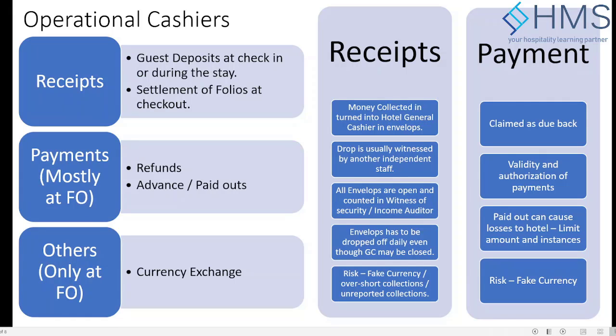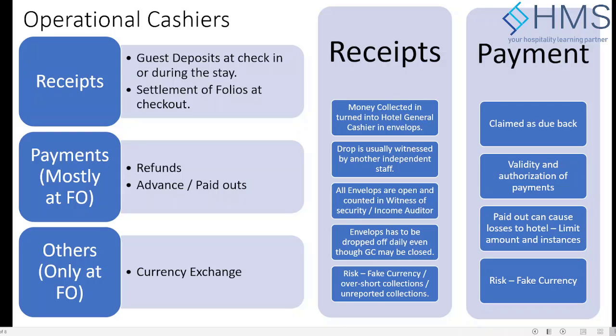Because the hotel rates are higher than the market rates, there are limits on how much money you can exchange. There is a possibility that someone gets the dollars at the higher value, goes into the market, sells them and collects a higher cash, and drops the difference in the front office.